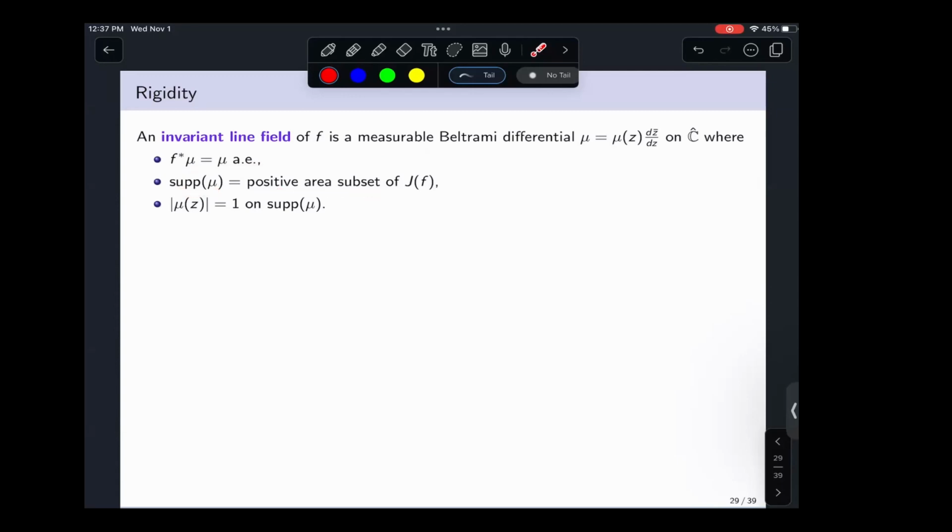So outside of this positive area subset, you can take the mu to be 0. But on the support, I also assume that it is normalized to have norm 1. So only the direction matters. And hence, I get the name line fields.